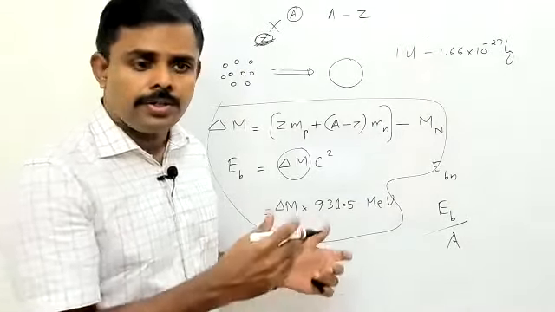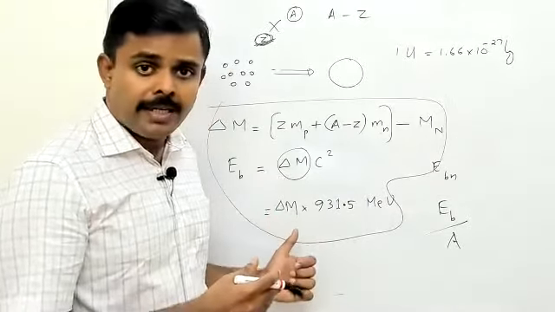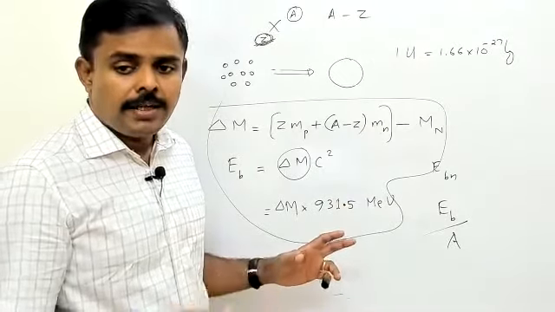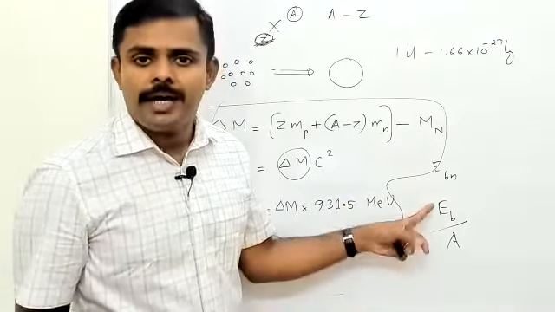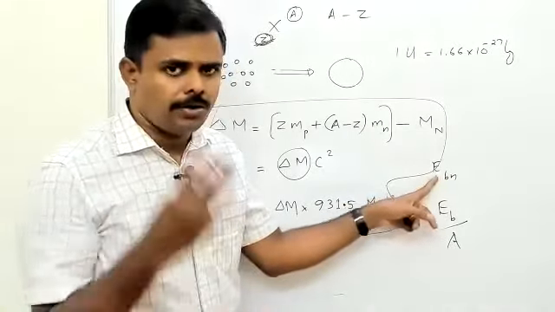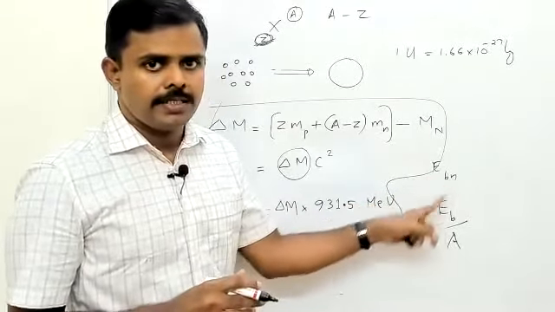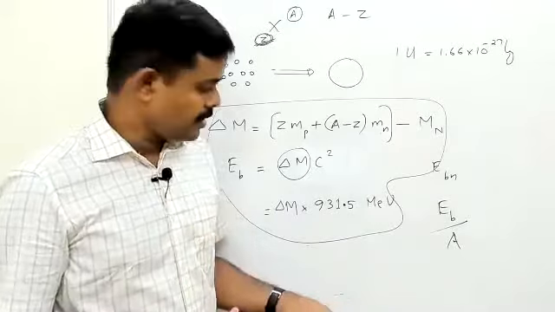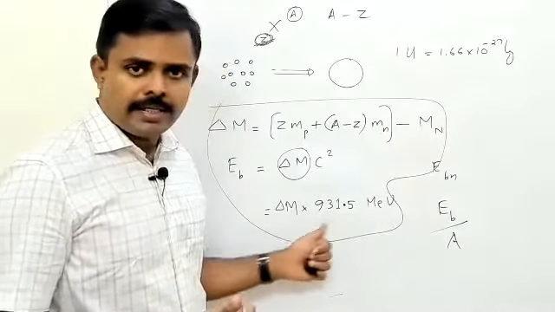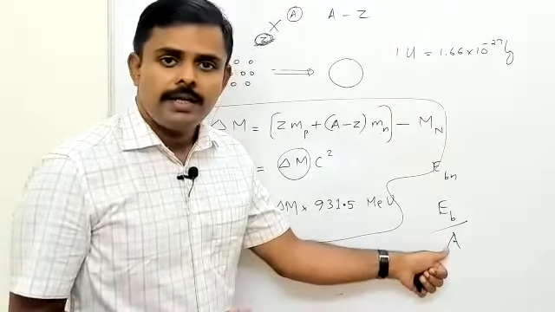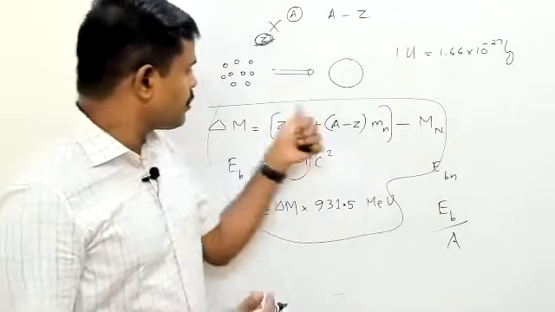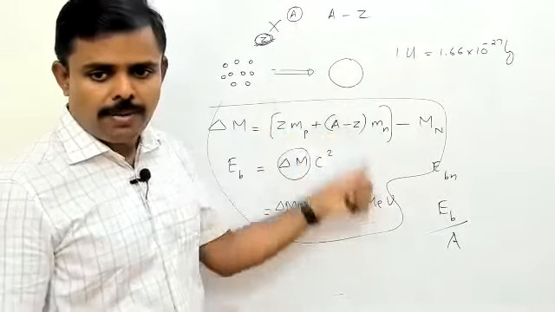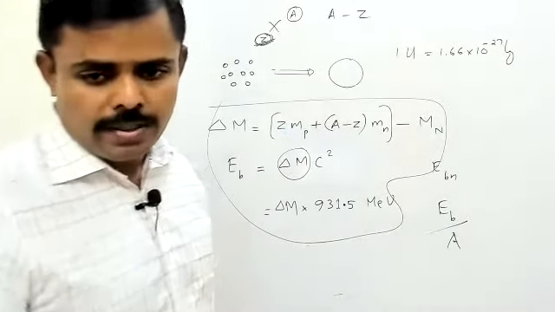That means you have to find binding energy for both the elements. But binding energy is not the criterion here. You have to find binding energy per nucleon, EBN, not EB. EBN stands for binding energy per nucleon. How do you find that? Once you have found the total binding energy, divide that by the number of nucleons. Number of nucleons is 8. Understood? That will give you binding energy per nucleon. Is that clear?